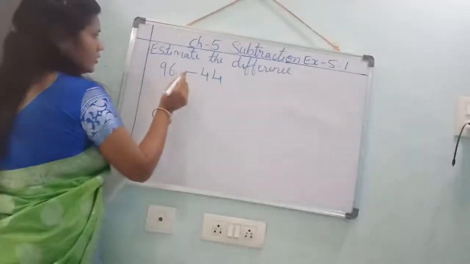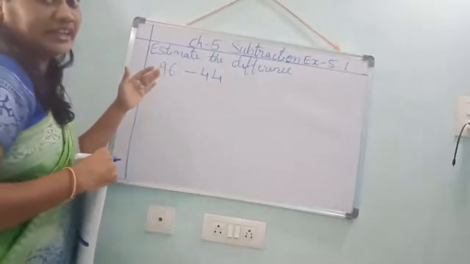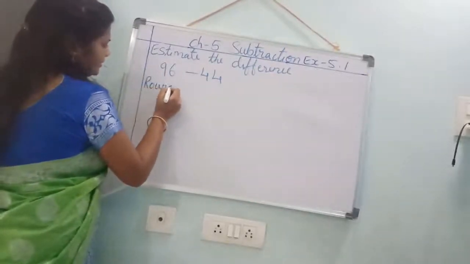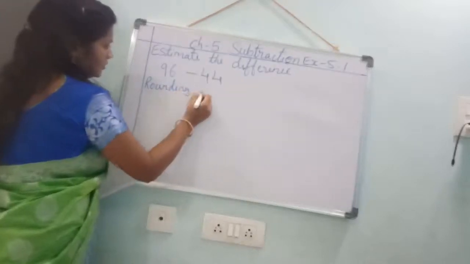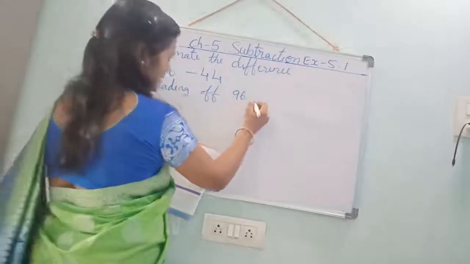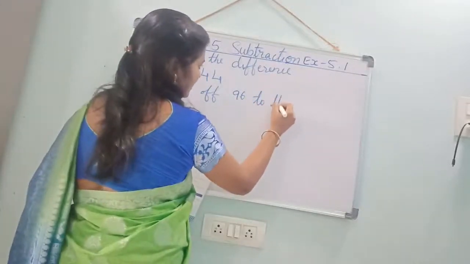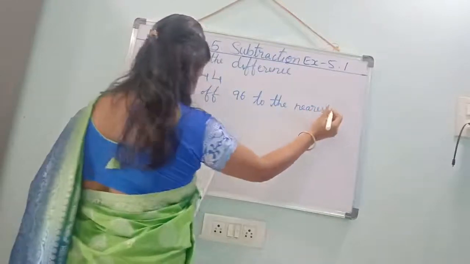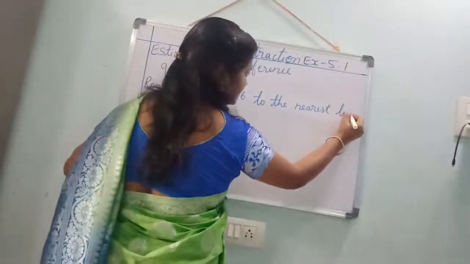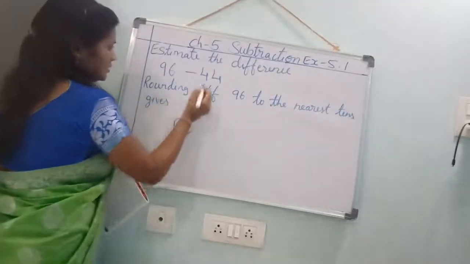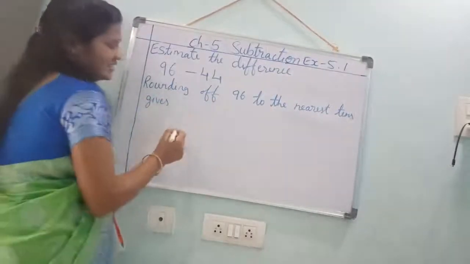Again you should estimate, means what? Rounding off. Rounding of 96 to the nearest tens gives, see, 96 nearest tens.